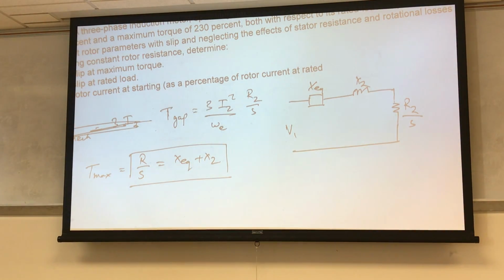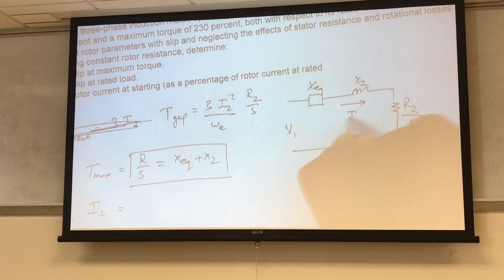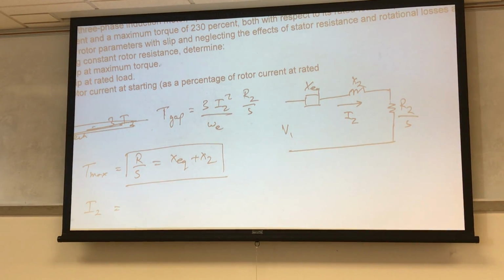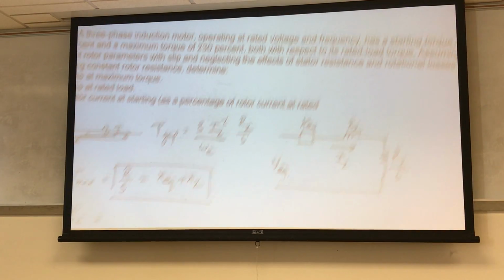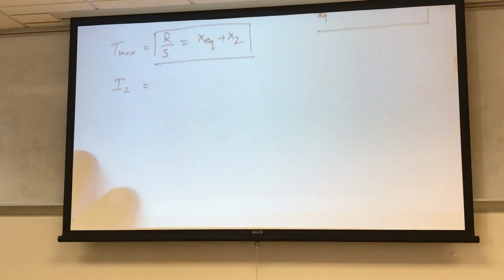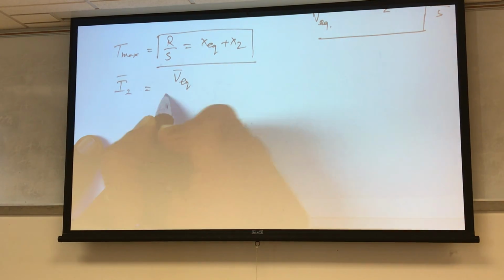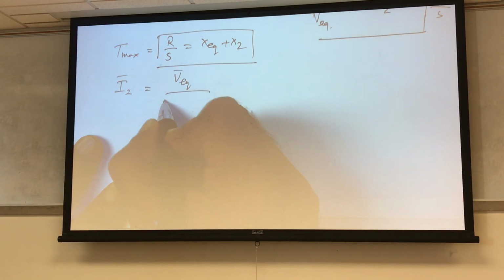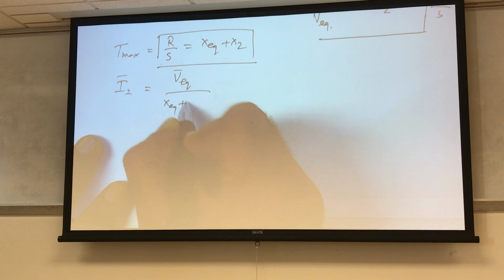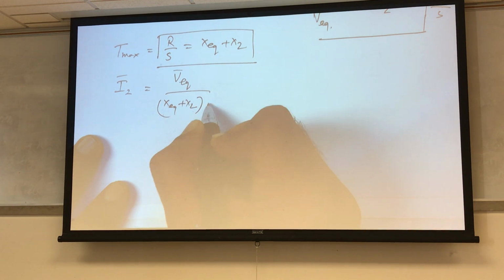So what is I2 now, if I want to find I2? This is I2, and this is V equivalent. So I2 will be simple. It will be V equivalent over X equivalent plus X2 plus R2 over S.